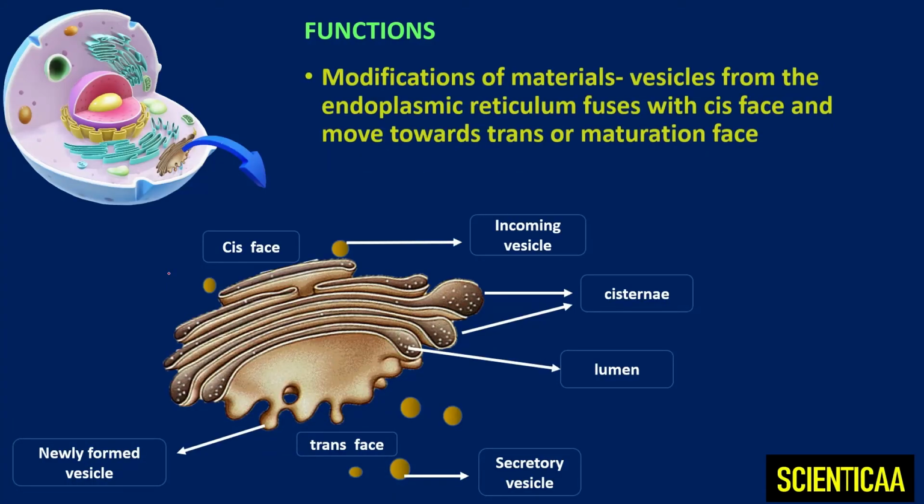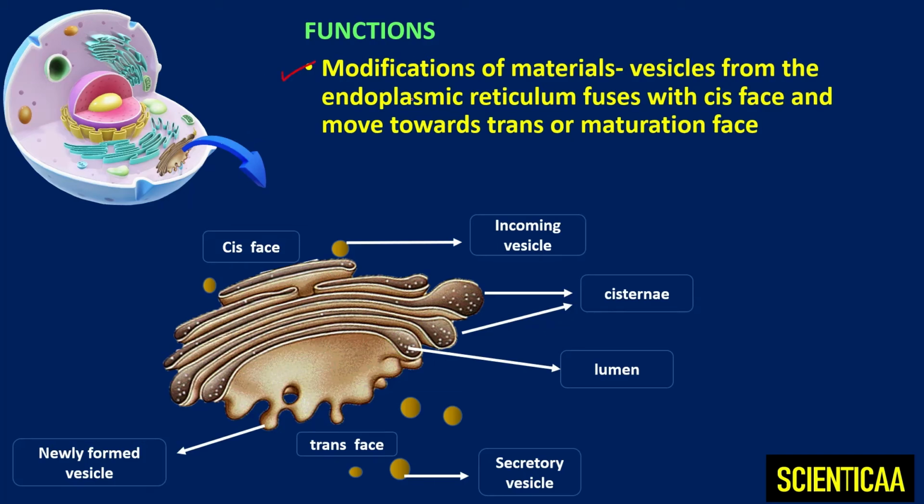Functions of the Golgi apparatus. The first important function is modification of materials. We have seen earlier that vesicles are released from the endoplasmic reticulum, and these vesicles fuse with the cis phase of the Golgi apparatus. Now these vesicles pass through the intercisternal spaces by budding off from the periphery of each cisterna and passing on to the next cisterna.